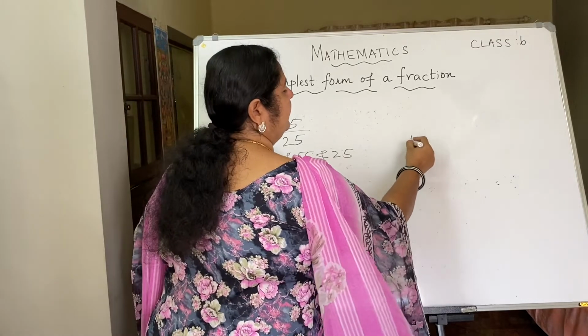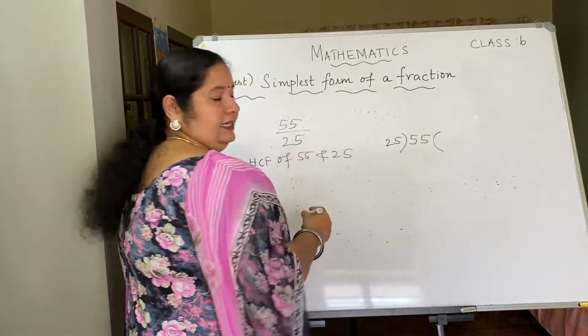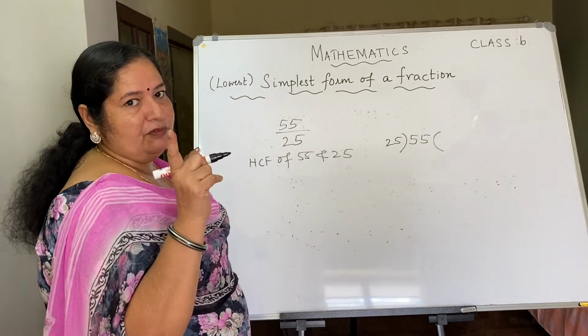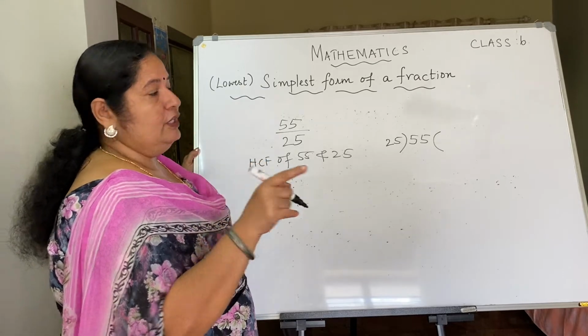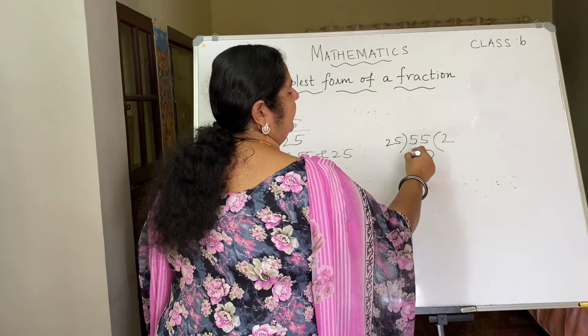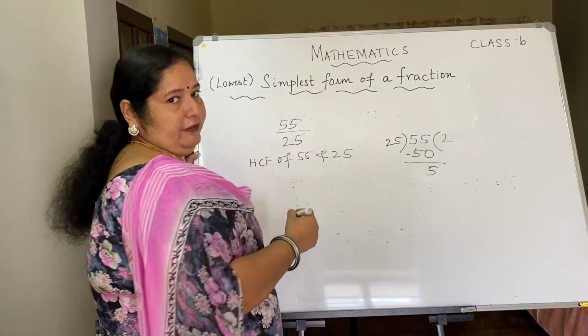So 55 becomes the dividend and the 25 becomes the divisor. 25 in 55, how many times? 25 ones are 25, 25 twos are 50, 25 threes are 75. So maximum 2 times. So 25 twos are 50. Subtract 55 minus 50, you are getting it as 5.